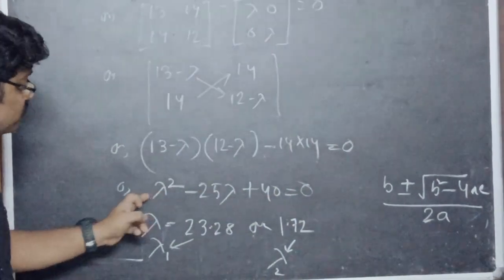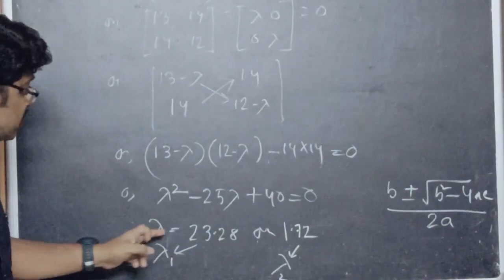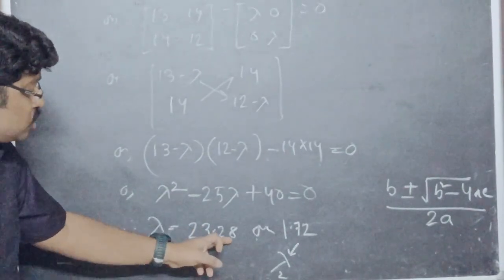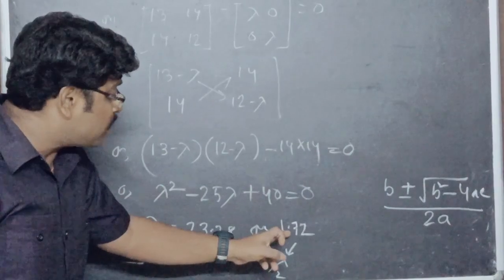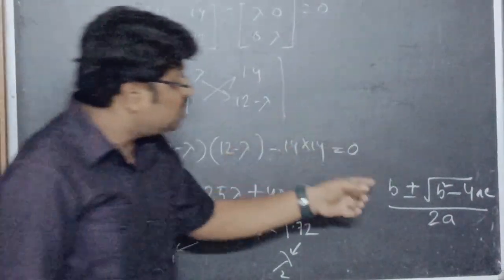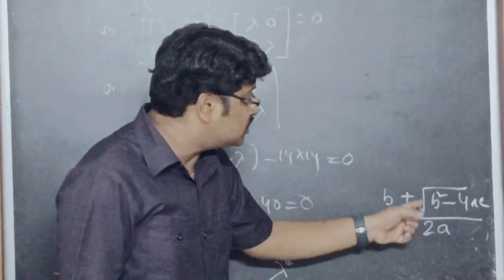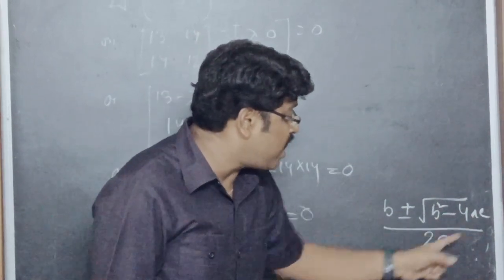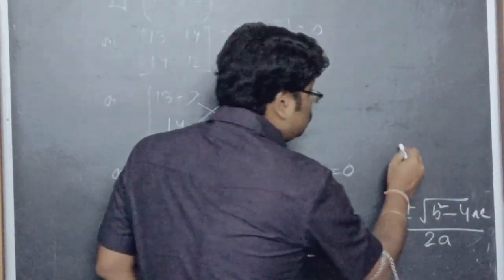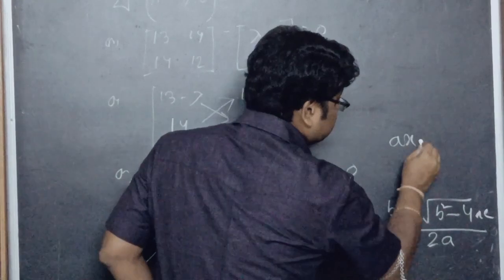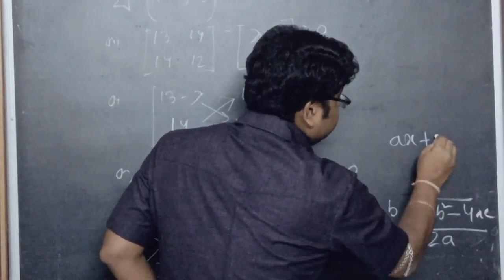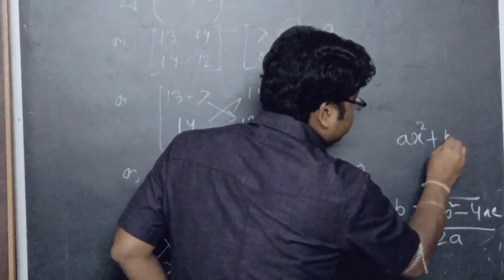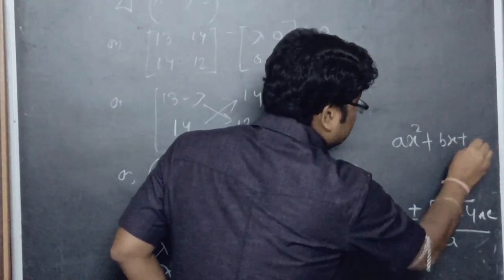Solving this quadratic equation, we get lambda equal to 23.28 or 1.72, by using the formula minus b plus minus root over b square minus 4ac, divided by 2a, for the quadratic equation ax square plus bx plus c.